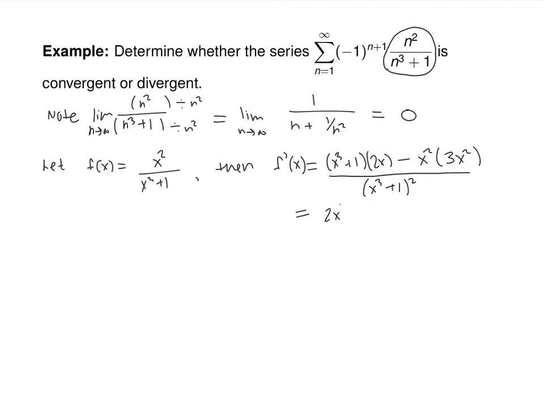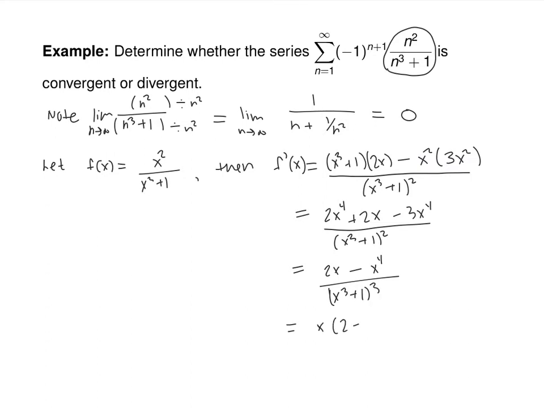So that'll be 2x to the 4th plus 2x minus 3x to the 4th, which is 2x minus x to the 4th over (x cubed plus 1) squared, or x times (2 minus x cubed) over (x cubed plus 1) squared.